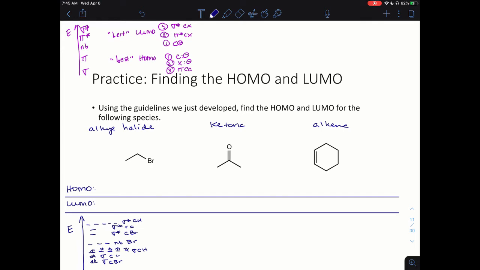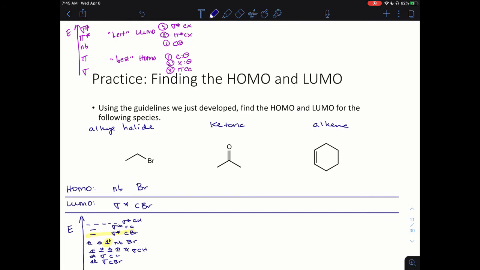So for ethyl bromide, this first molecule that we're looking at, I mean, you could make an FMO diagram, and then you would see, oh, the highest energy filled orbital is the non-bonding orbital on bromine, and the lowest energy empty orbital, that's sigma star CBr.